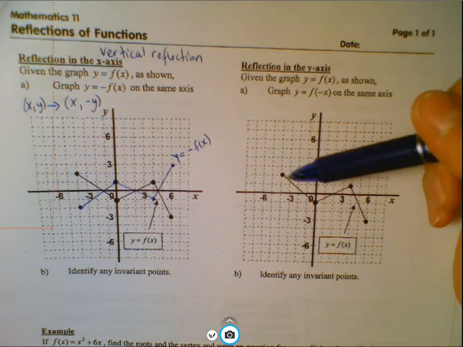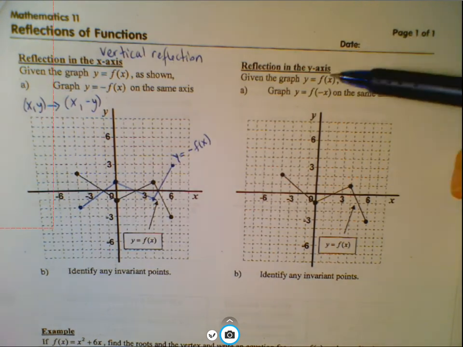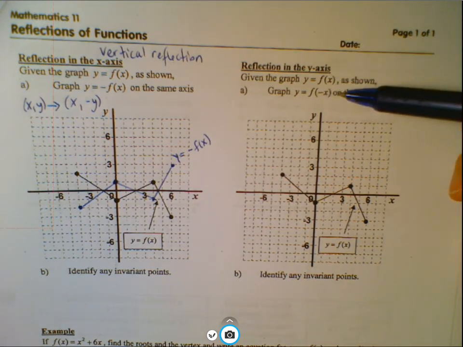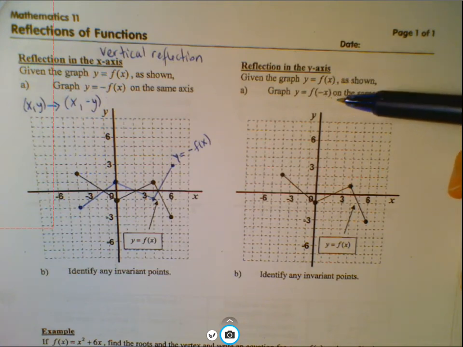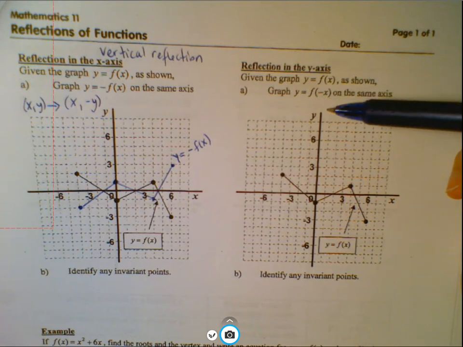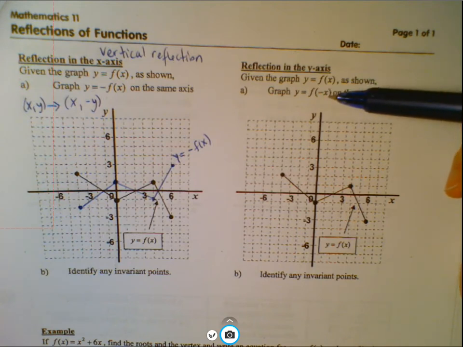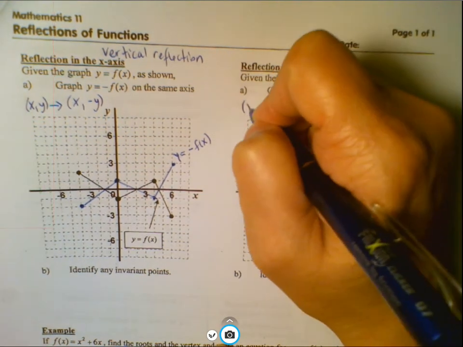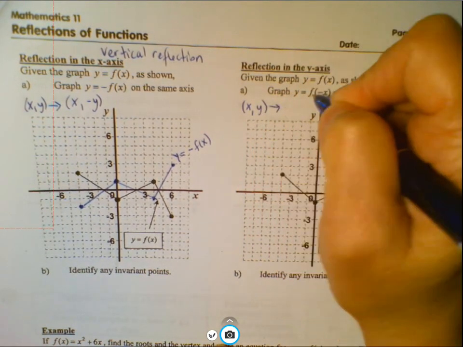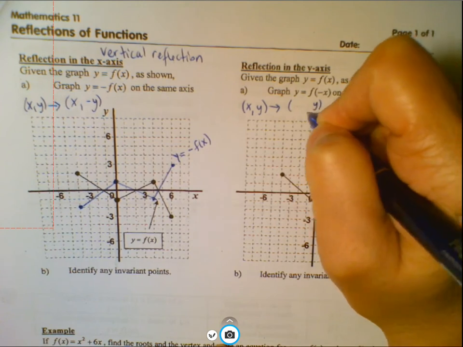It's the same f of x as before, only this time the negative's on the inside, which means it's affecting the input. And we want to see what does the input have to be in order for the y's, or the output, to stay the same. So I want this point (x, y) to become the same y.